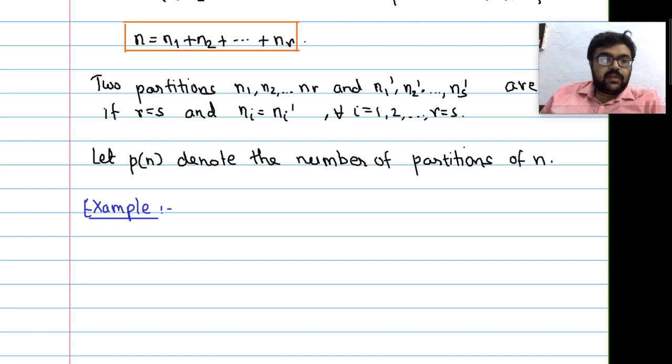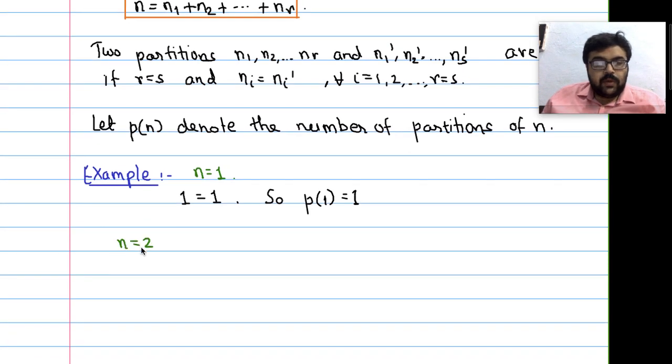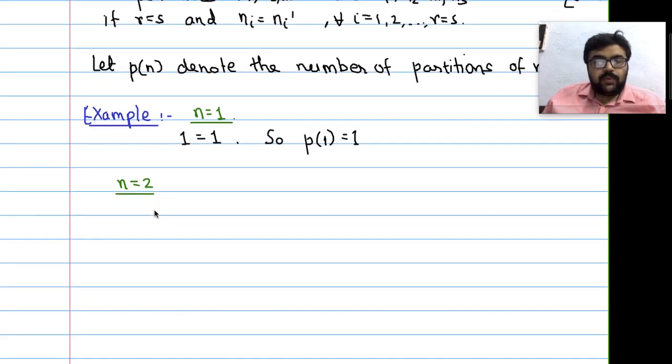If I consider n equals 1, there is only one partition, 1. This is the only way to write 1, so p of 1 equals 1. Similarly, if I take n equals 2, how many ways can we write 2? We can write 2 as 2, and another way is 1 plus 1. So p of 2 is 2.